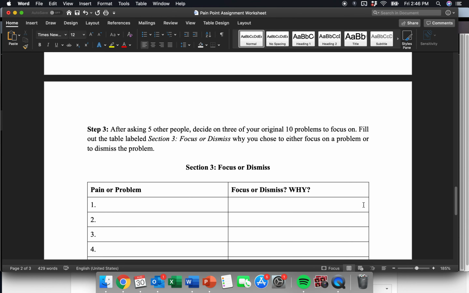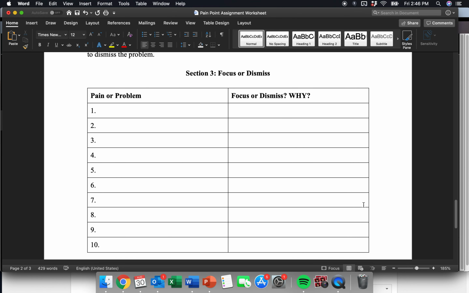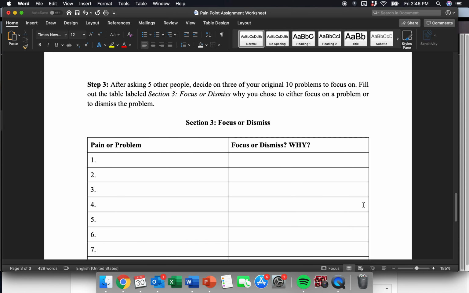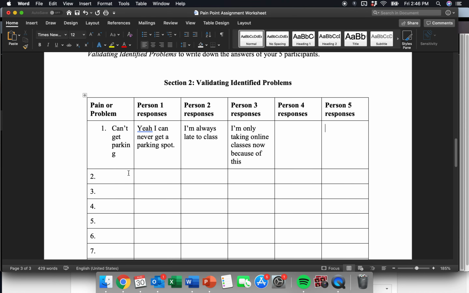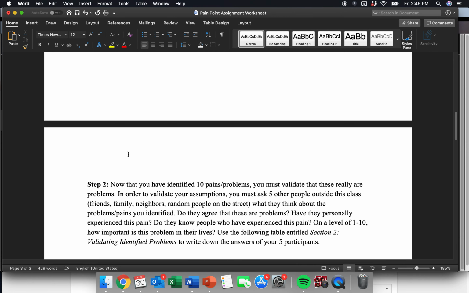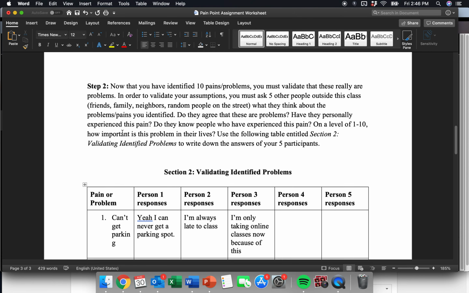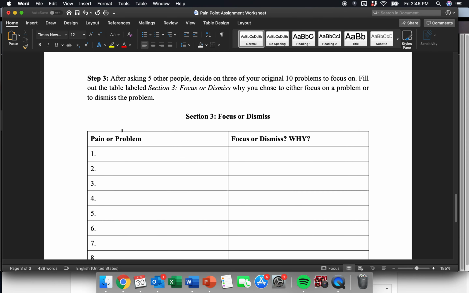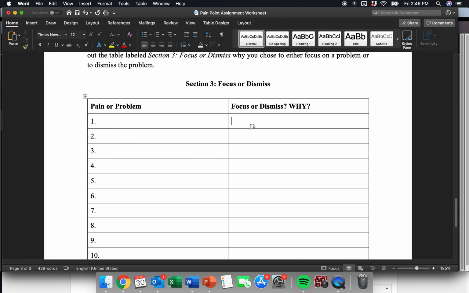And then from there, after asking those things, think about your original 10 problems. You can copy and paste. These 10 problems stay the same throughout the whole assignment. And then are you going to dismiss it or focus on it?